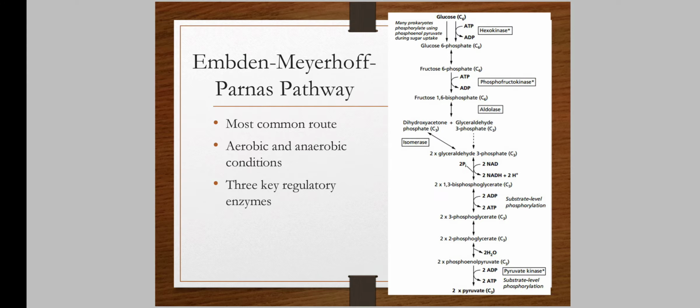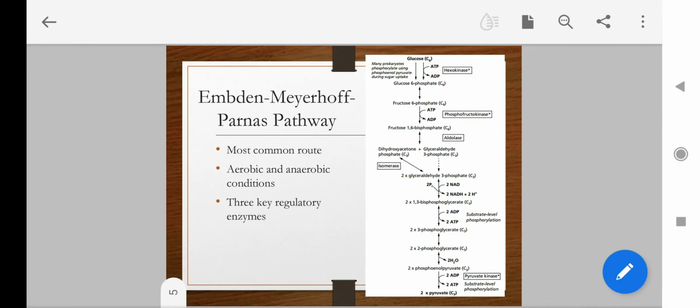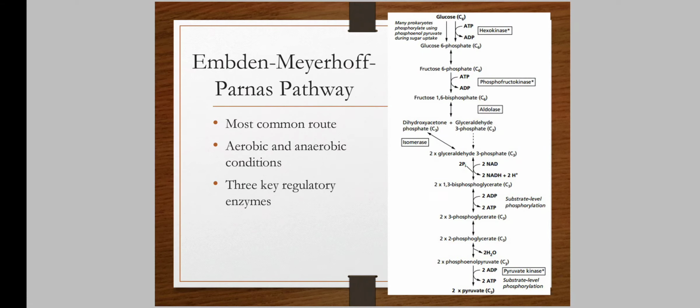The third one is the pyruvate kinase at the bottom. So that's the third regulatory step. This pyruvate kinase is the one that produces pyruvate, and is also the energy harvesting mechanism for this EMP pathway.